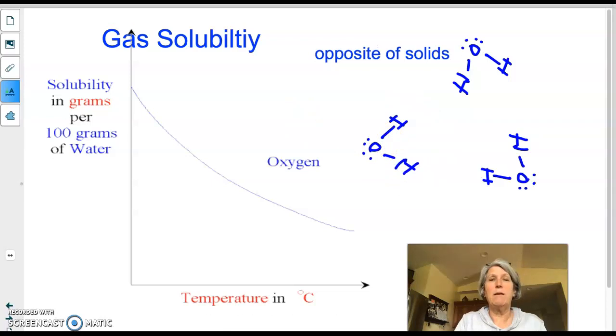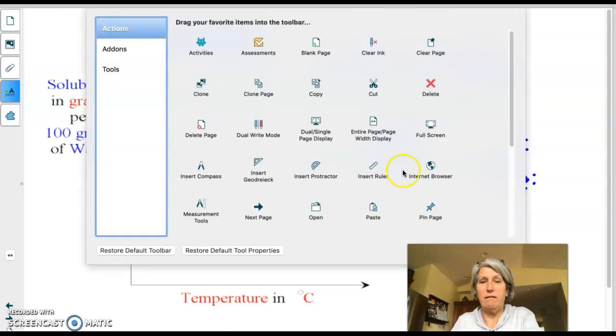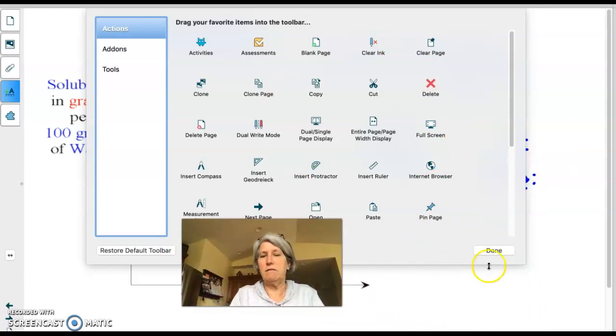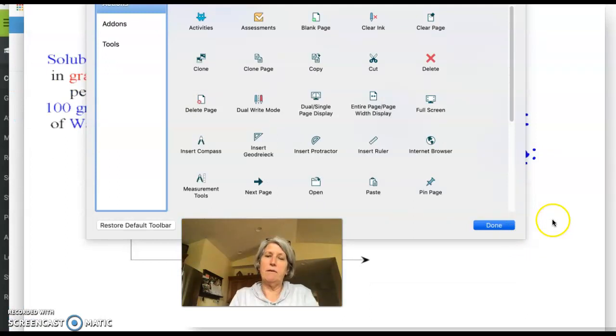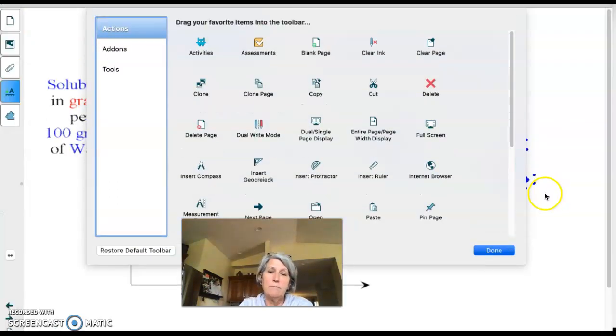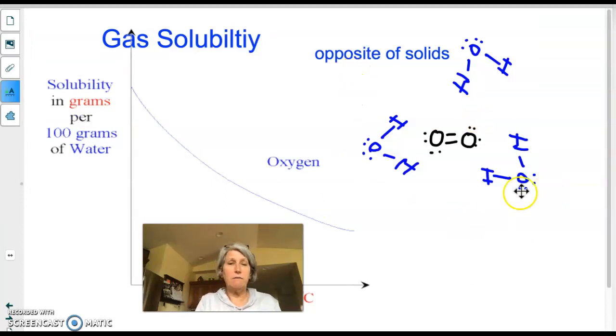So I'm going to attempt drawing oxygen again. I'm going to pause here. Okay, so now I've got kind of a model of what dissolved oxygen looks like.